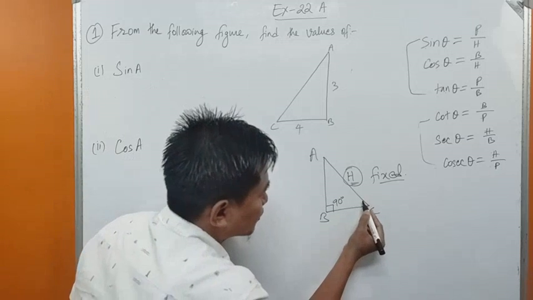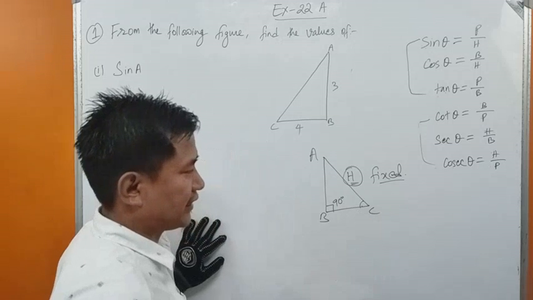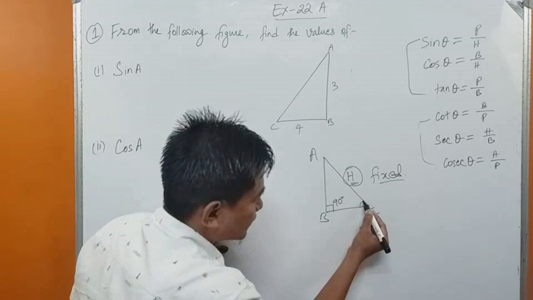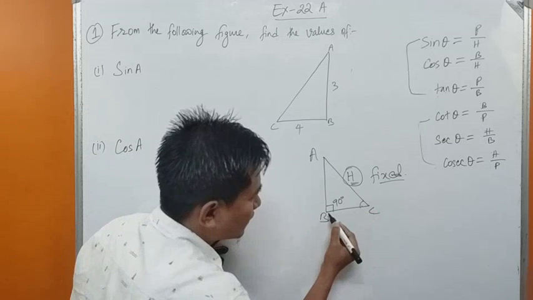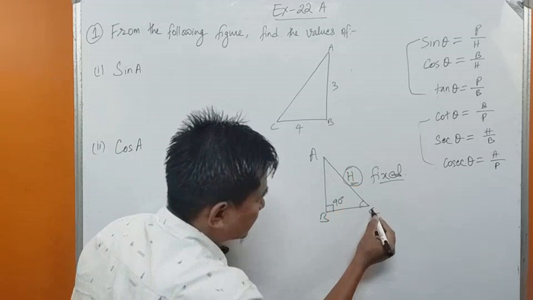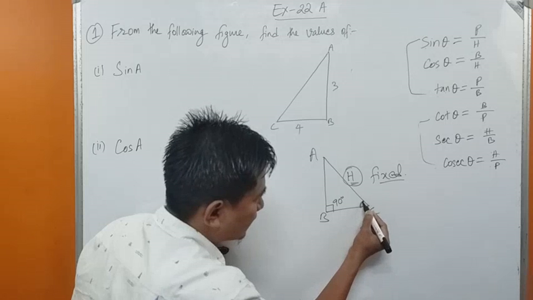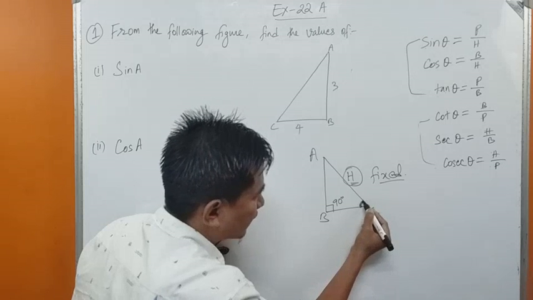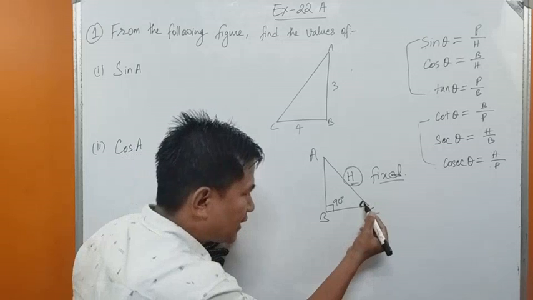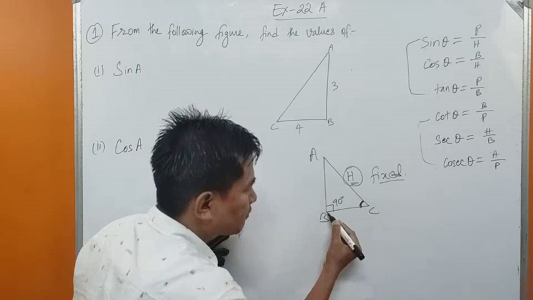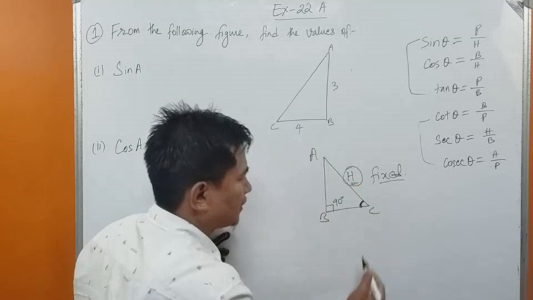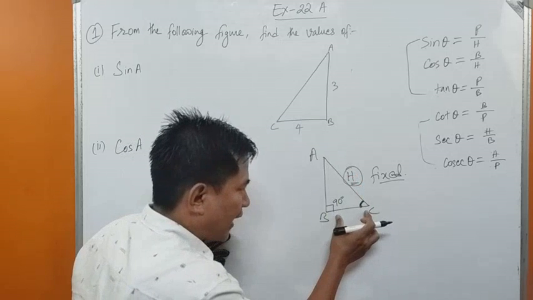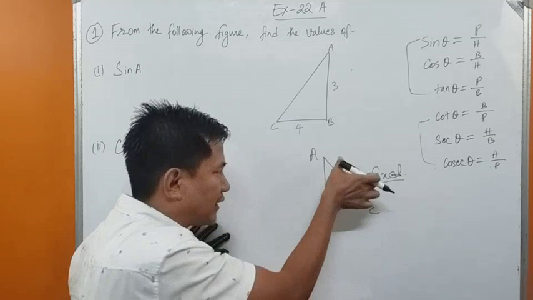Okay, suppose if we are talking about angle C, now the sides containing angle C are BC and AC, isn't it? If you are talking about angle C, then the sides containing angle C are BC and AC. So adjacent sides are BC and AC.